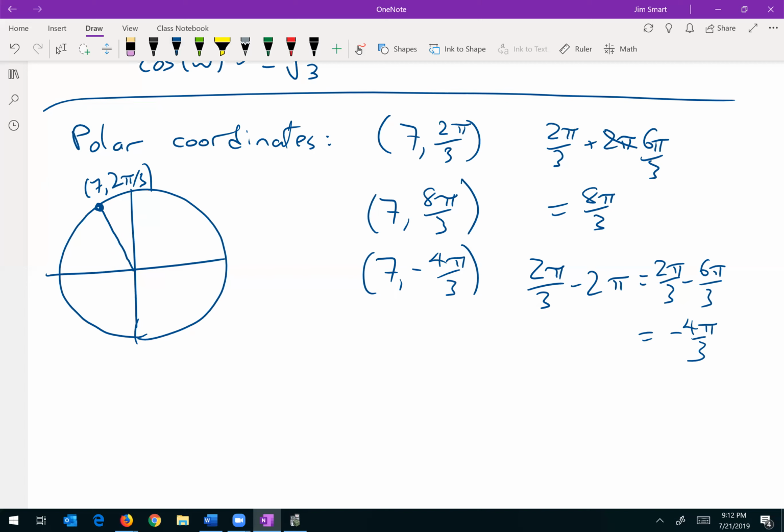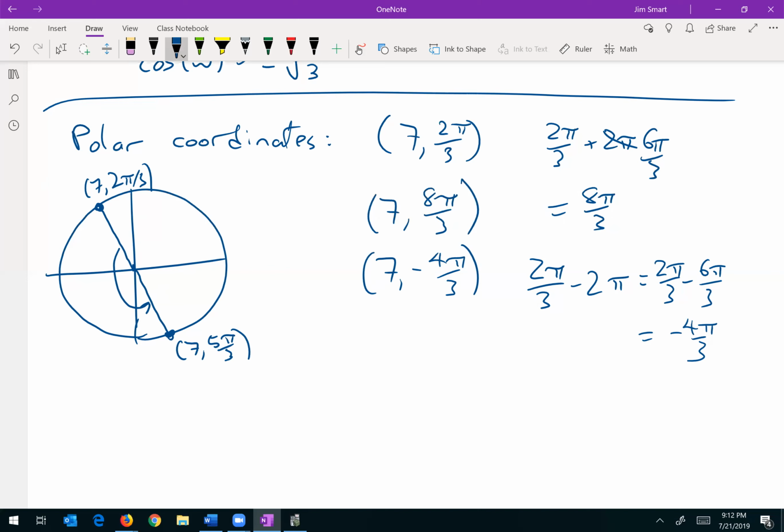But the other thing I could do is go exactly half a rotation away. Actually, let's go in the positive direction. That'll be easier to see. This point on the opposite side is 7 comma 5 pi over 3. If you negate the r, it means just go the exact opposite direction.